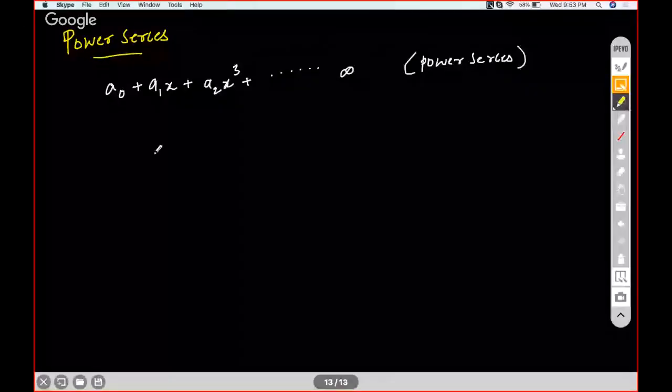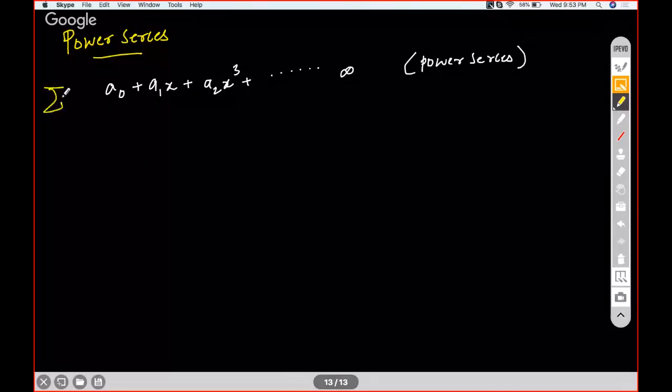This is abbreviated as the summation of a_k x to the power k, and k is going from 0 all the way till infinity. So you can abbreviate this like this. Whenever you come across such a term, it should remind you of a power series.